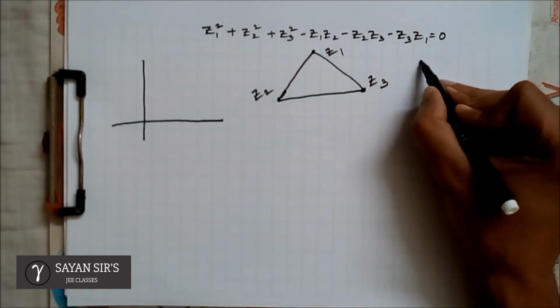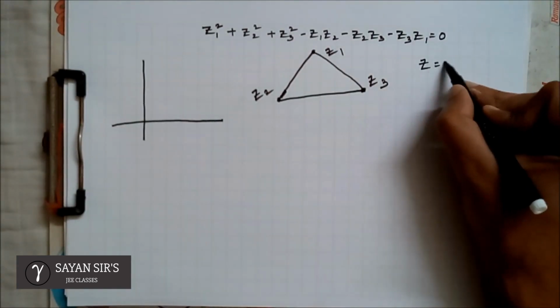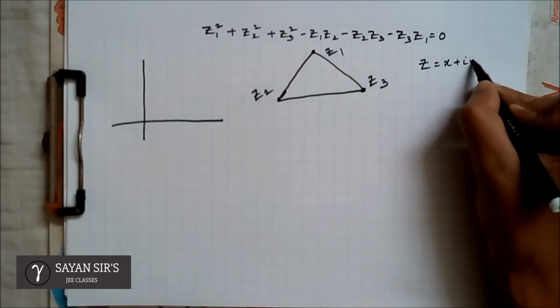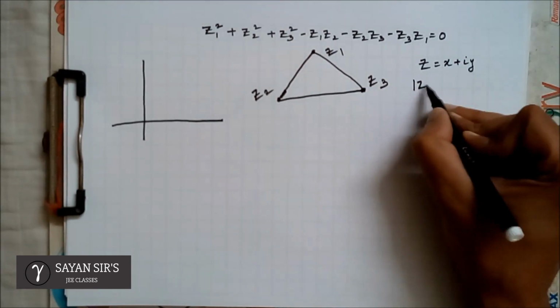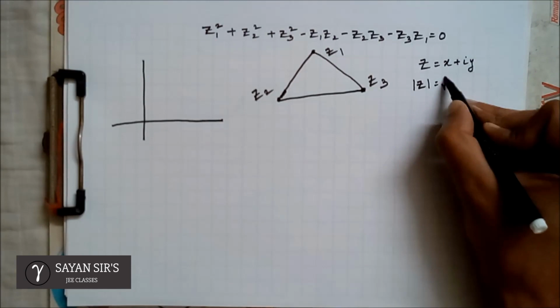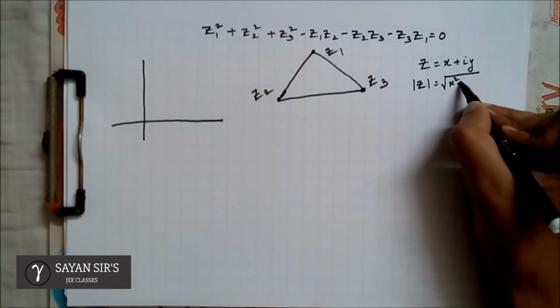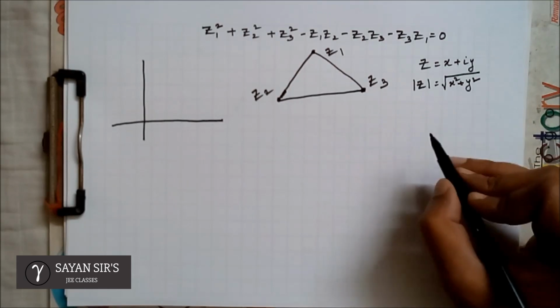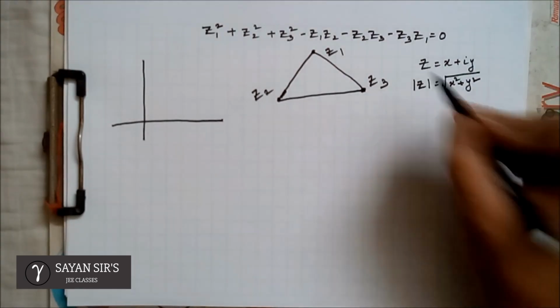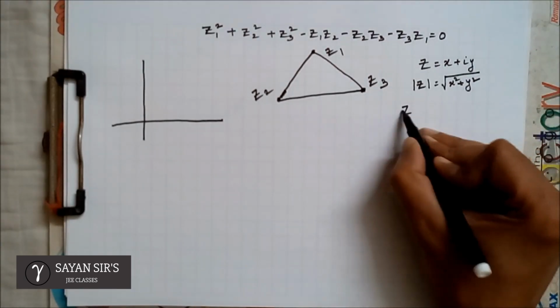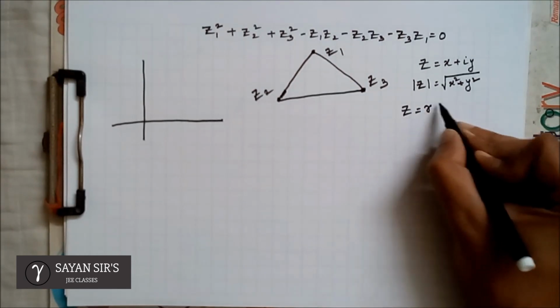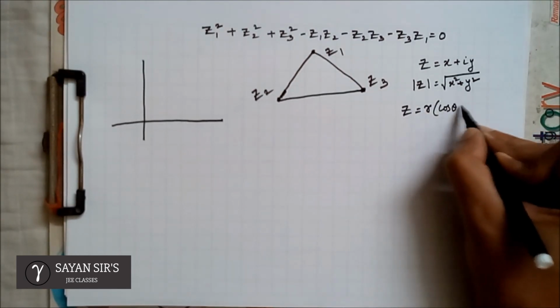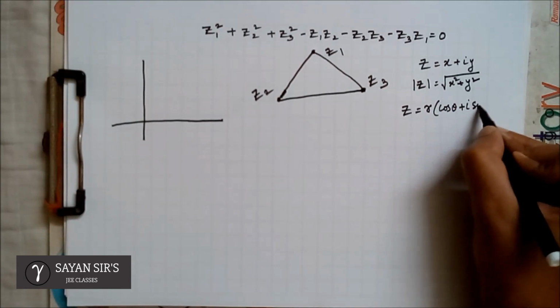For example, a complex number z can be written as x plus iy, and the modulus of that complex number is square root of x squared plus y squared. And this complex number also has a certain argument, the angle it makes with the positive x-axis. If I express the complex number in polar form, I'll say that it's r times cos theta plus i sin theta.